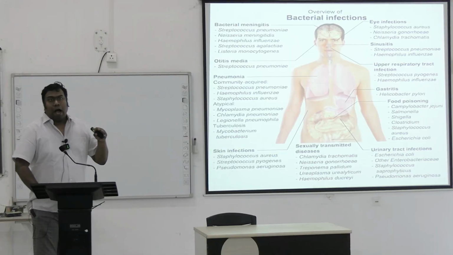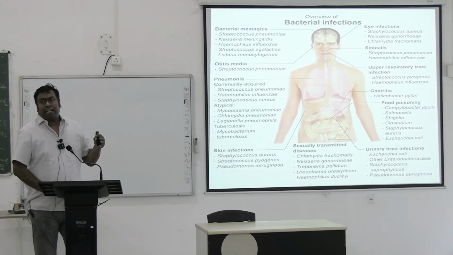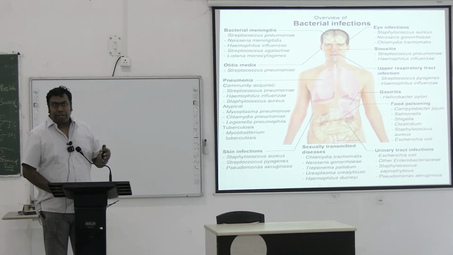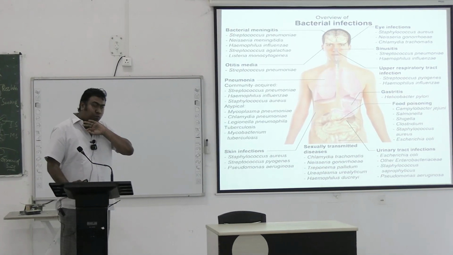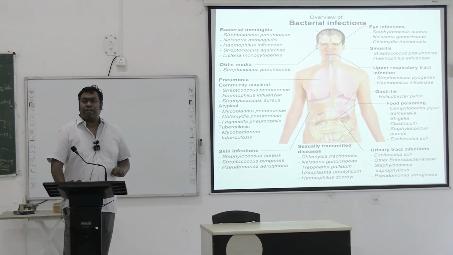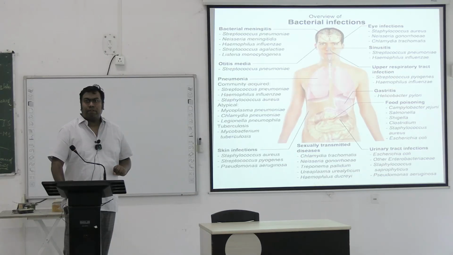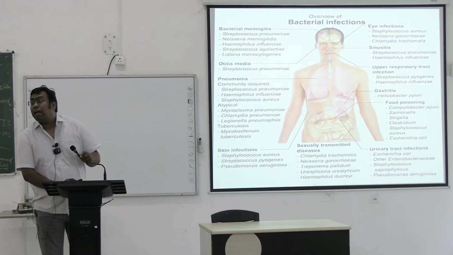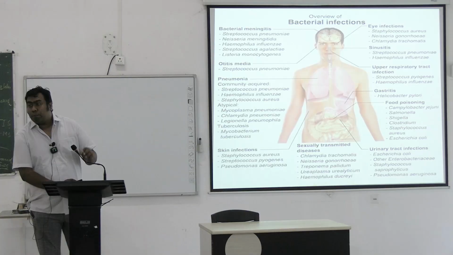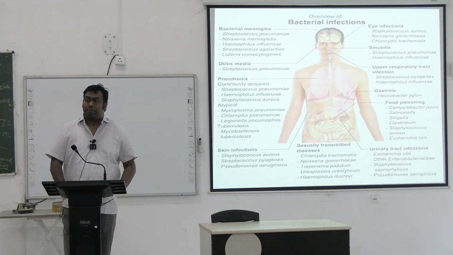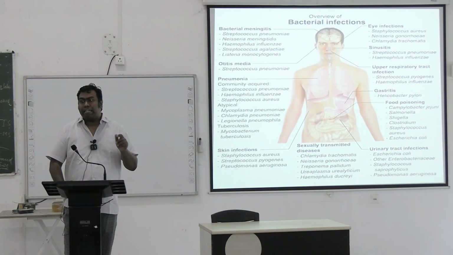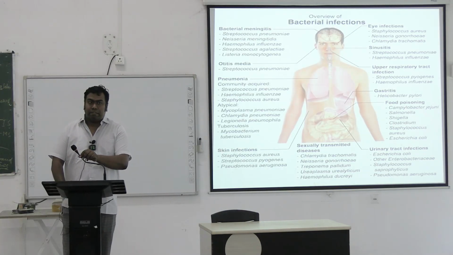Then upper respiratory tract infection. What is the most common cause of upper respiratory tract infection? Most common cause means organism. Not pneumococcus. It is viral. Virus is the most common cause of upper respiratory tract infection. Why is it important?